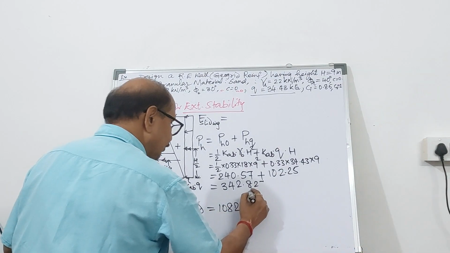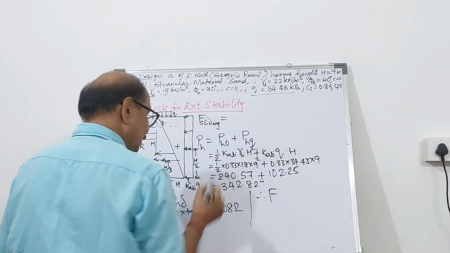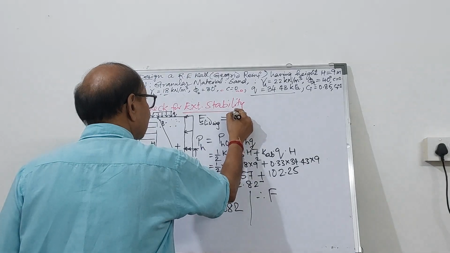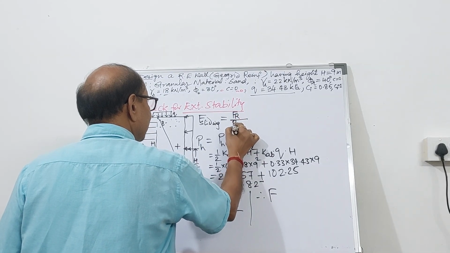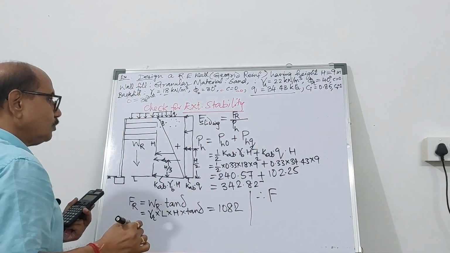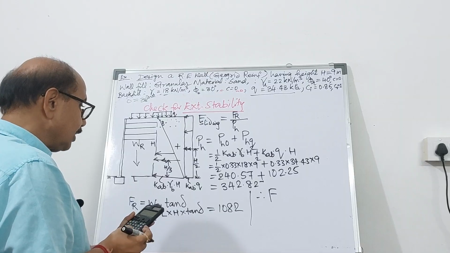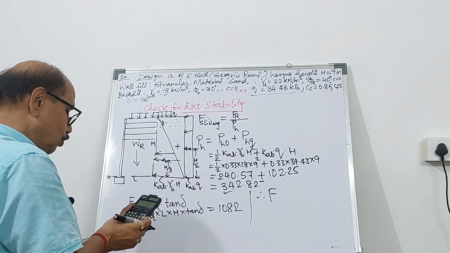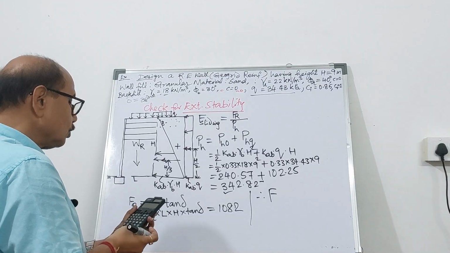So factor of safety therefore against sliding will be Fr divided by pH. So this divided by pH is already known, 342.82.